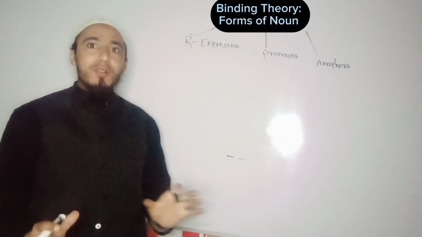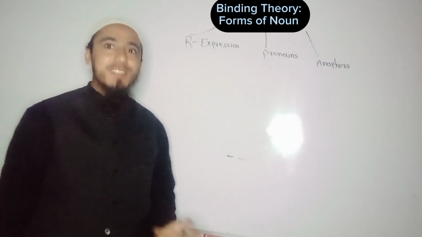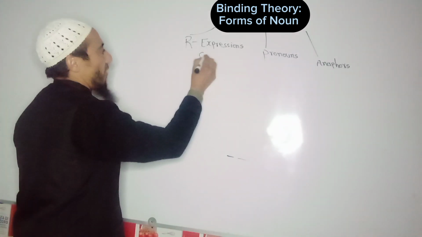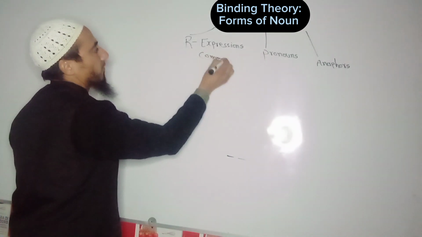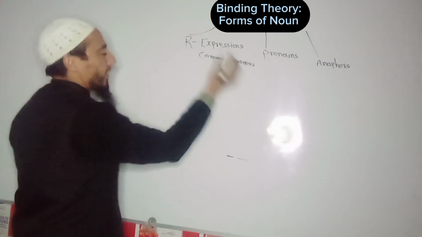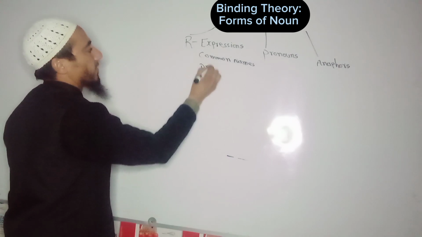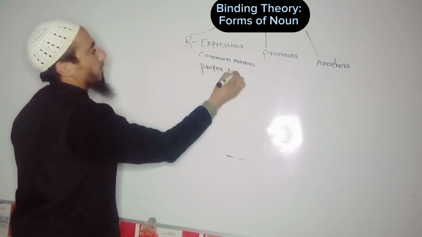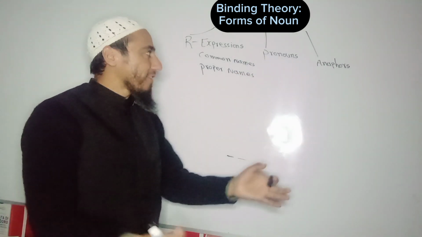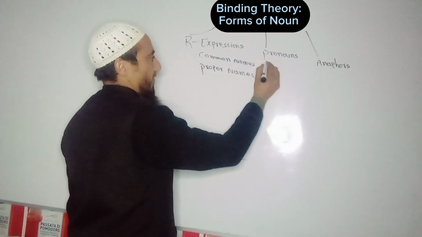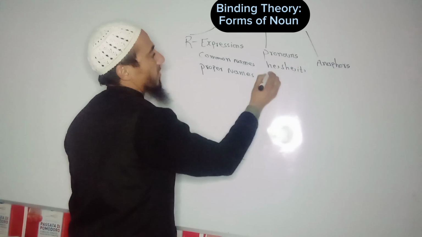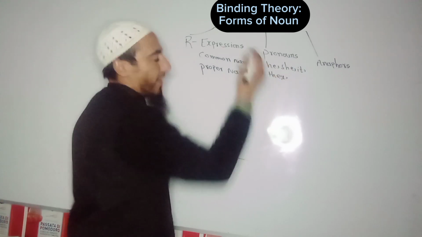Now, whenever we are talking about R-expressions, they include common nouns or common names, and also proper names. On the other hand, pronouns include, for example, he, she, it, they, and so on.